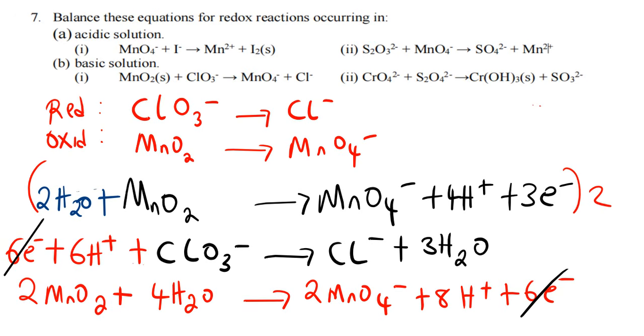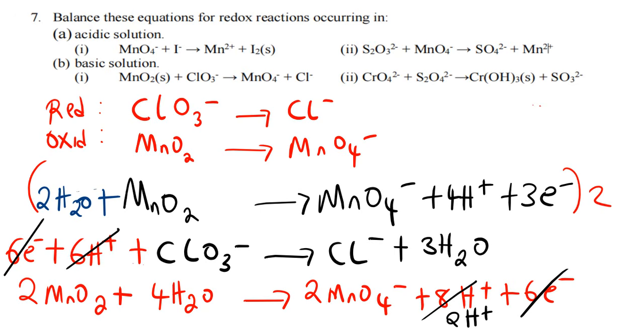Now that we've got this, whatever we have so far, what about the H plus? What remains in terms of the H plus? This side I've got 6H plus. On the other side I've got 8H plus. So when they cancel, this side I'm going to remain with 2H plus, right? Because they've neutralized.